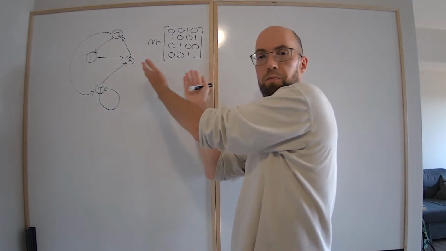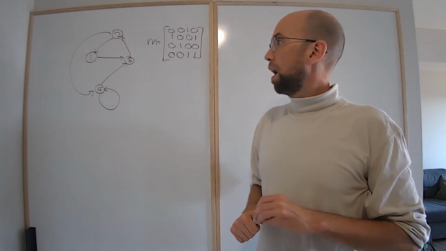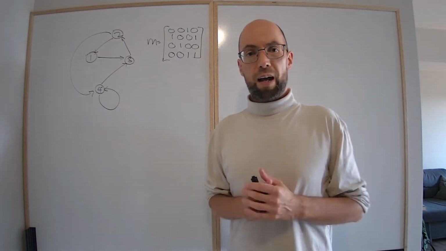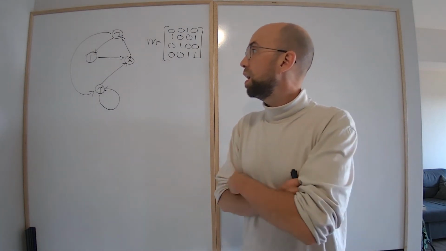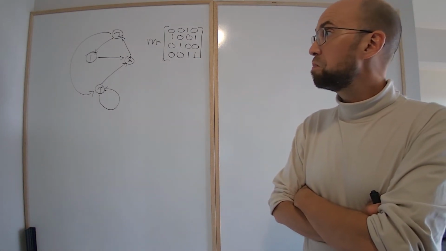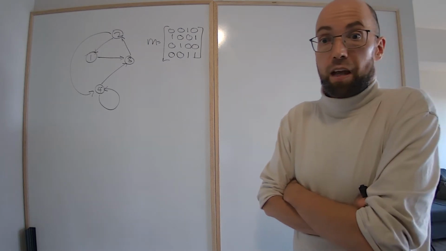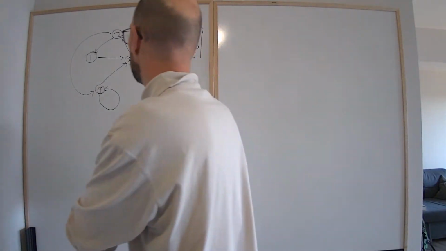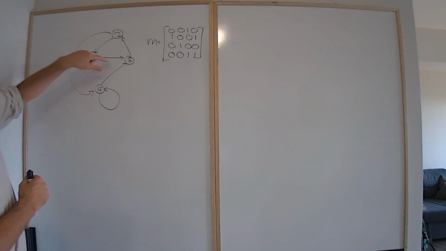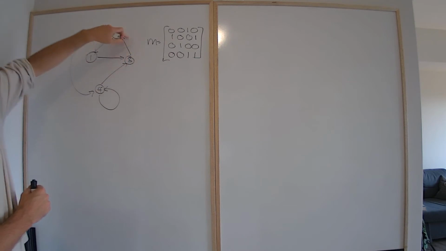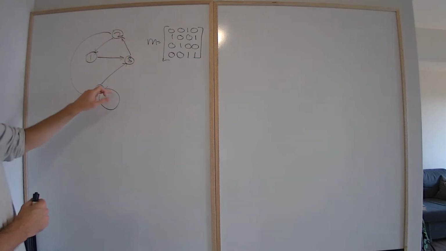Okay, equivalent representations of this graph. So suppose I ask you, how many distinct paths are there from 1 to 3 that take 8 steps? Well, 1, 2, 3, 4, 5, 6, 7, 8.